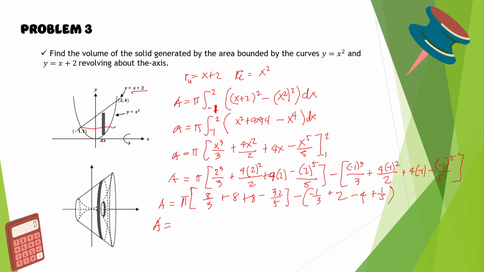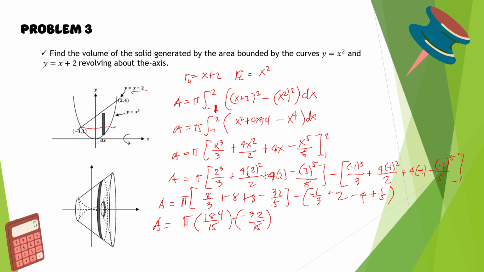So we have to simplify this one. 8 over 3 plus 8 minus 32 over 5, using the calculator, this is pi times 184 over 15, minus negative 1/3 plus 2 minus 4 plus 1/5. That is equal to negative 32 over 15.